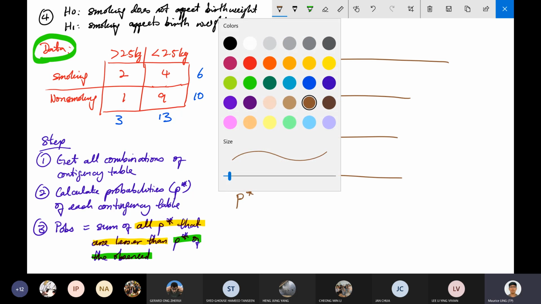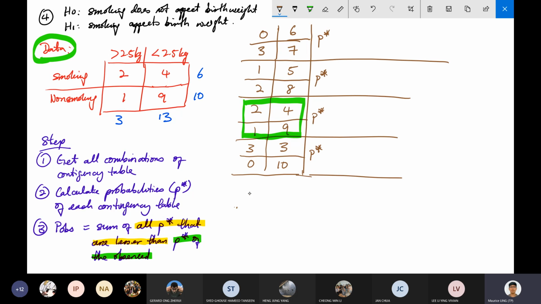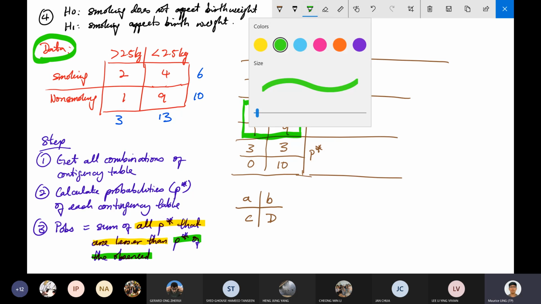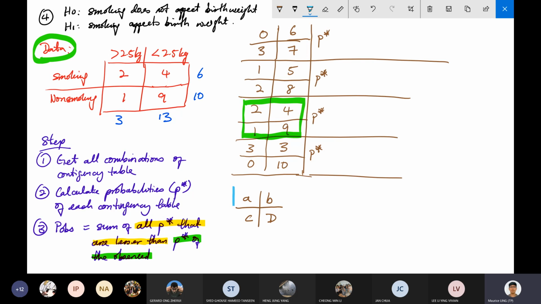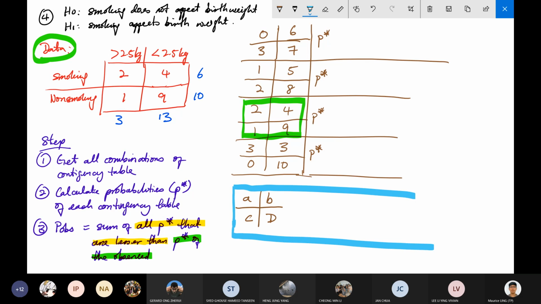Assuming that you call this A, B, C, and D, the template will be using this. If this is A, B, C, and D, the probability is calculated based on this equation.